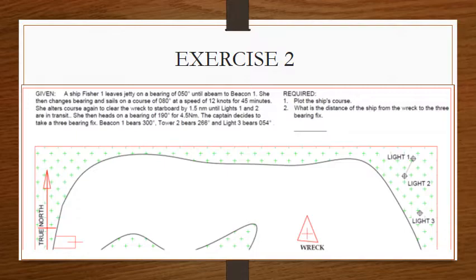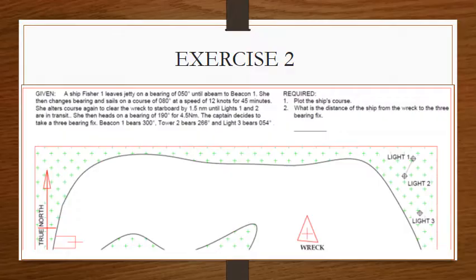If you look at the question, it says a ship Fisher 1 leaves jetty on a bearing of 50 degrees until abeam to beacon 1. She then changes bearing and sails on a course of 80 degrees at a speed of 12 knots for 45 minutes. She alters course again to clear the wreck to starboard by 1.5 nautical miles until light 1 and light 2 are in transit.